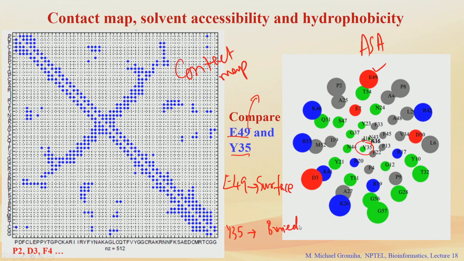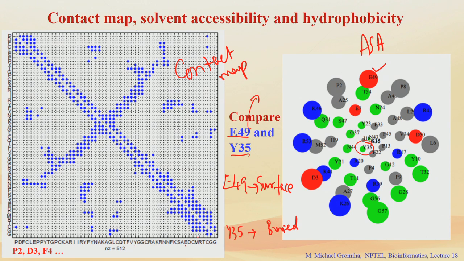Now let us look at the contacts. This starts from P2, D3 and so on. Where is Y35? Somewhere here. A lot of contacts. Then where is E49? One, 2, 3, 4, 5, 6, 7.